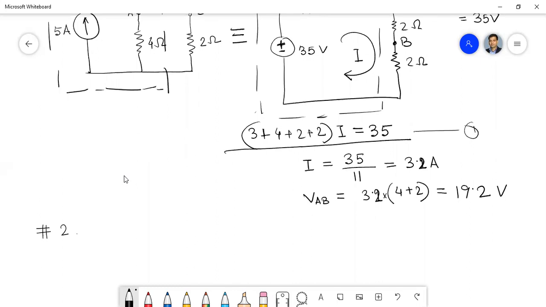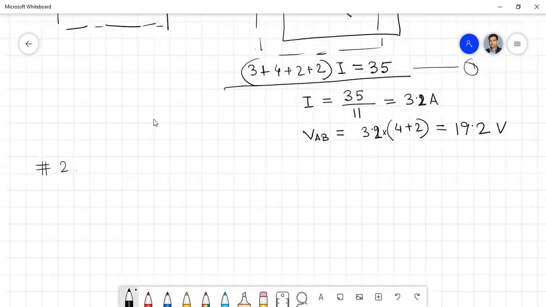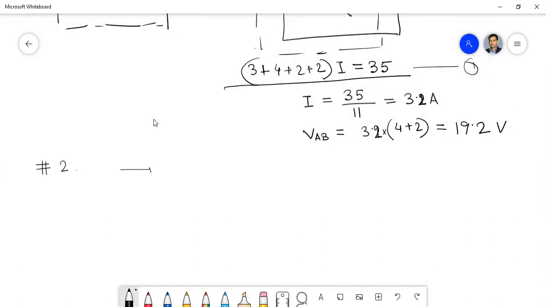Another problem we'll discuss on the same technique. Then we'll go for the another theory. First, we will draw the circuit.